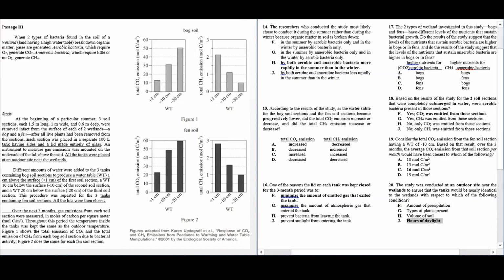Last, make sure to double check those graph reading questions to avoid silly mistakes. And when you're doing the scientific reasoning questions, try to narrow down your answer through process of elimination for the most likely answer, even if it's not explicitly stated in the passage, kind of like we did with question 20.